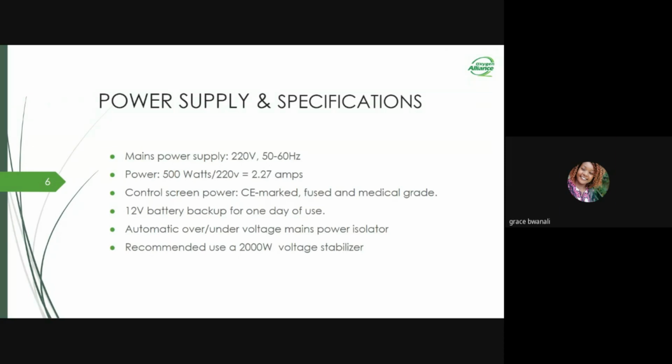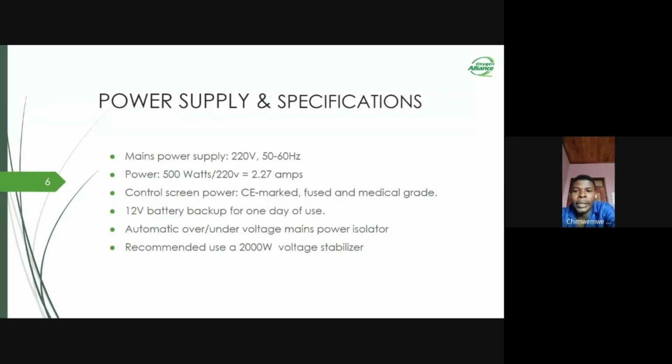All right, thank you so much, Glenn. So I will take you through the power supply and specification. The Universal Anesthesia Machine operates on a voltage of 220 volts AC with a frequency range of 50 Hertz to 60 Hertz. This machine is designed with a rated power of 500 watts.